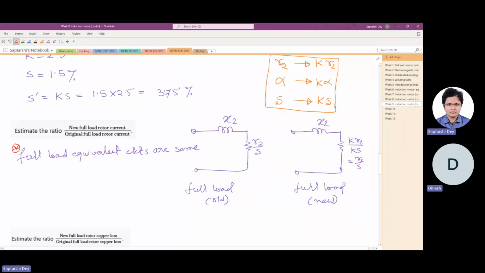If you remember this observation, you can use that the circuit remains the same. Since the circuit remains the same, the currents are the same. That means the ratio is 1.